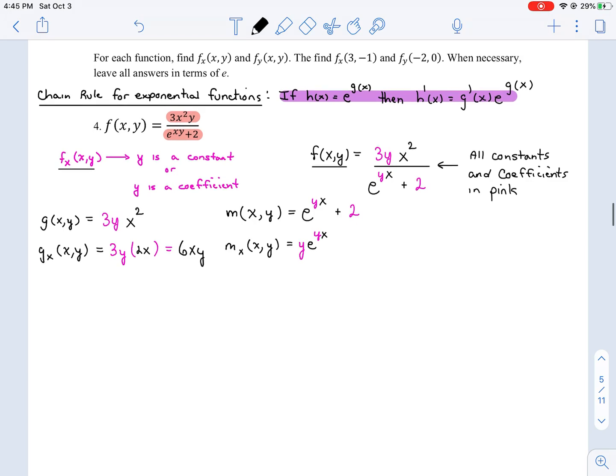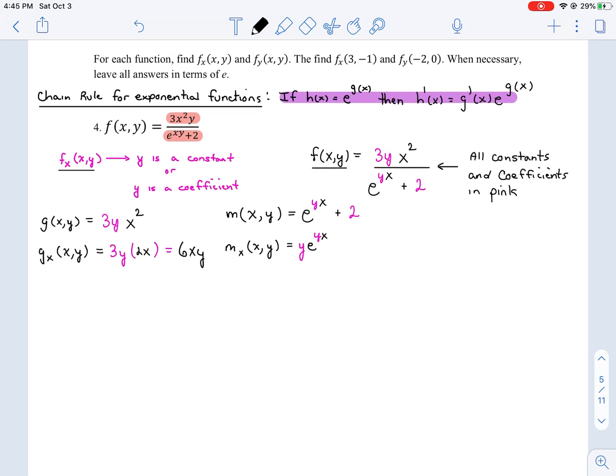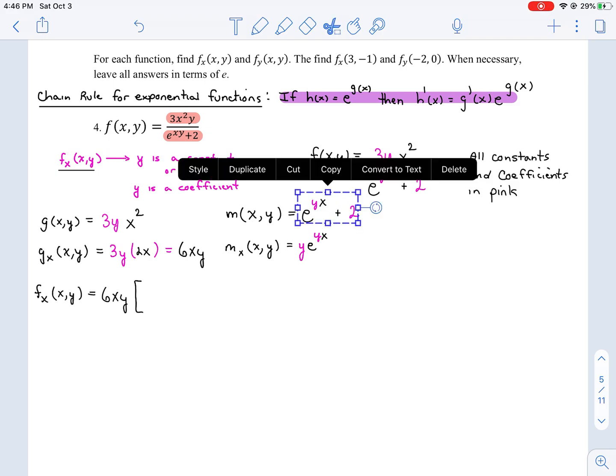And so now that I have all the pieces, we can now find the partial derivative with respect to x of the entire function. And that starts with the partial derivative of the numerator times the denominator.